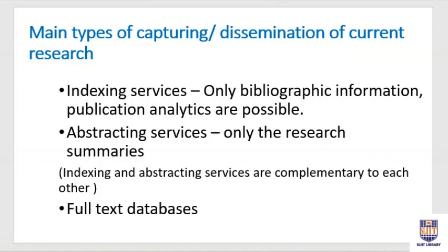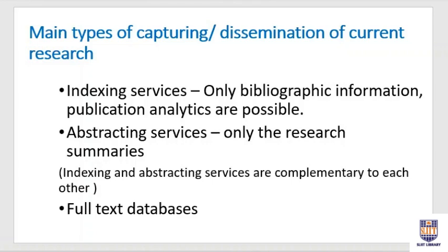But when you consult an abstract service, the abstract, the research summary, is there for them to understand. In some cases, by reading the abstract only, they can get the idea whether they actually want to download the article or not. So it is very important to save the time of the user.